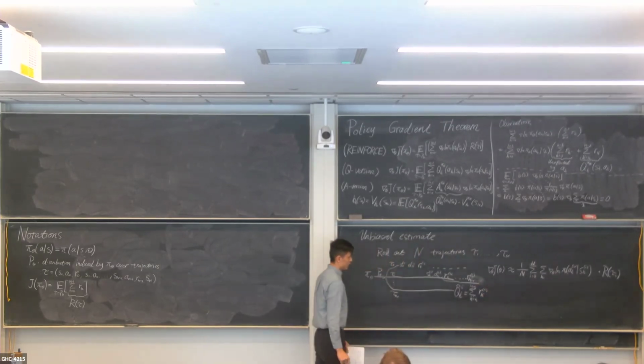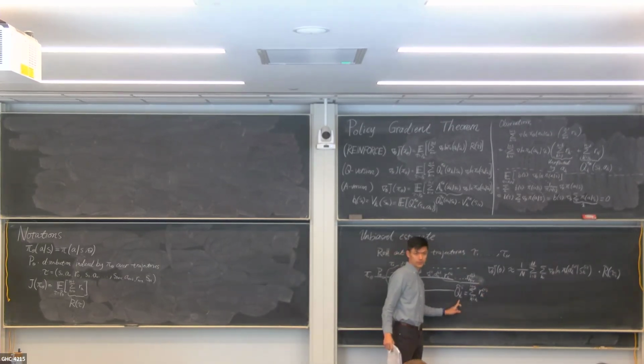That will give you an unbiased estimate for the Q.